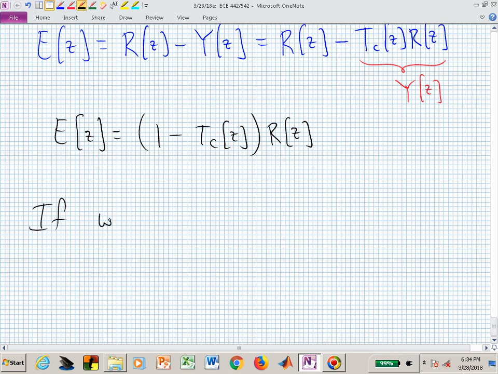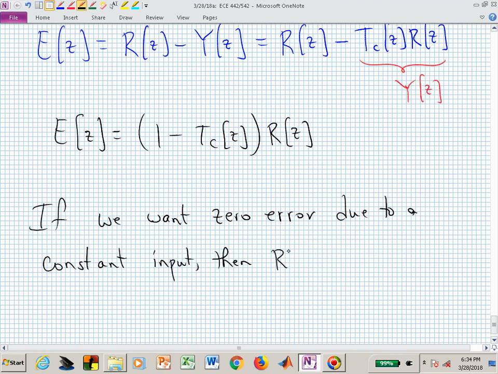If we want 0 error, E of z going to 0, due to, let's say, a constant reference input, if R of z is a constant, if little r of n is a constant in the time domain, let's say it's a constant of a, then its z transform would be az over z minus 1.